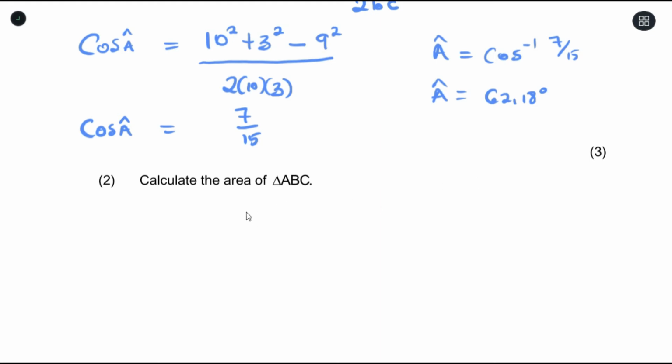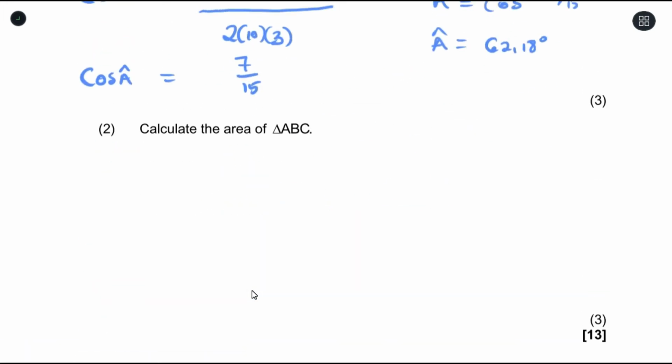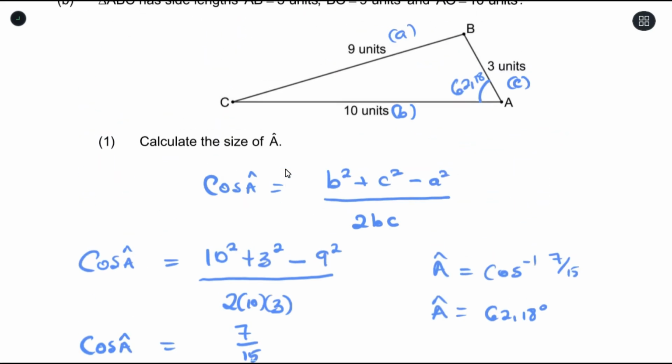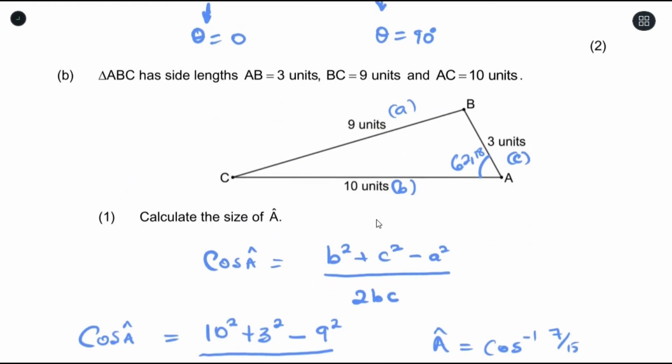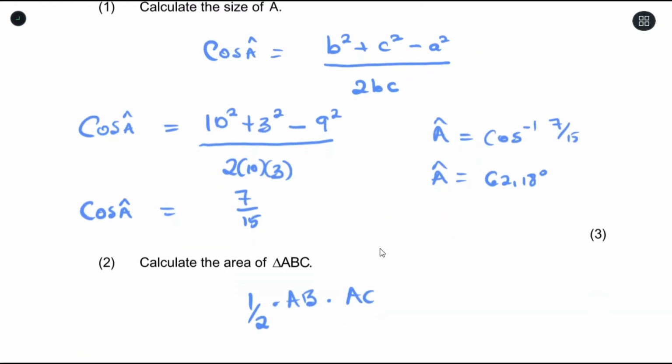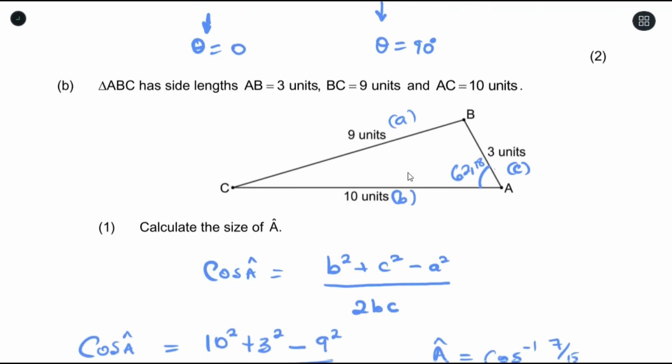The area of this can be written as half AB times AC times sine of angle A. It's kind of like an included angle, so it is AB and AC, and the angle in between those two lines.